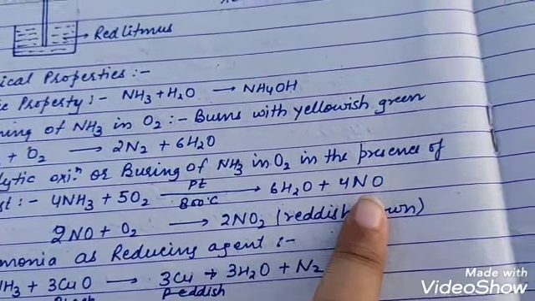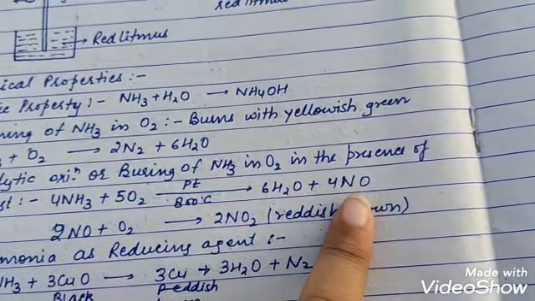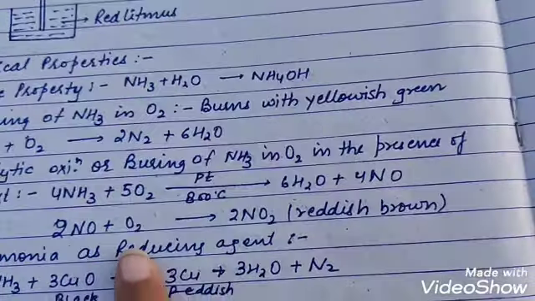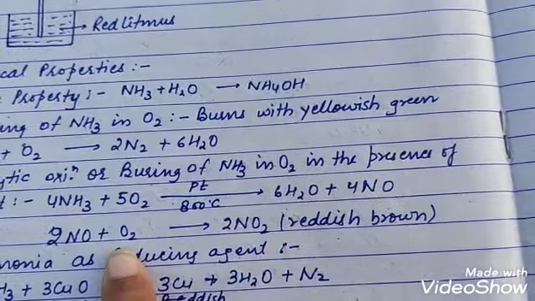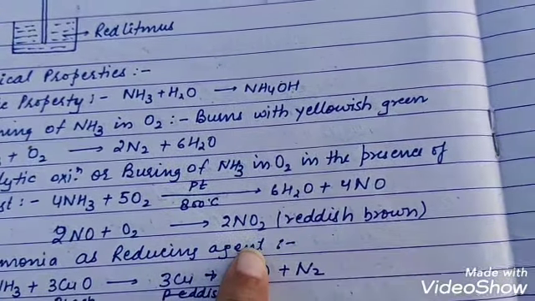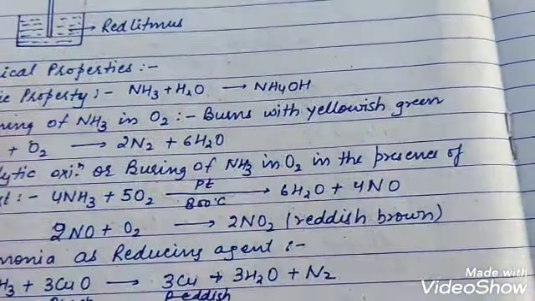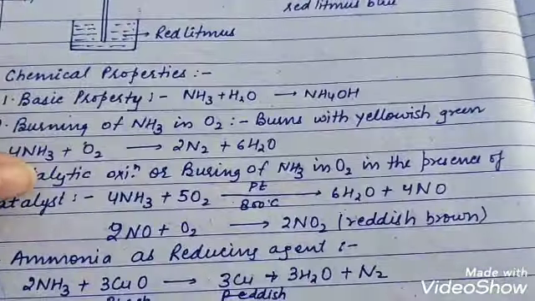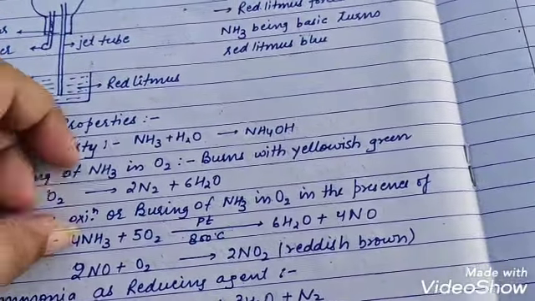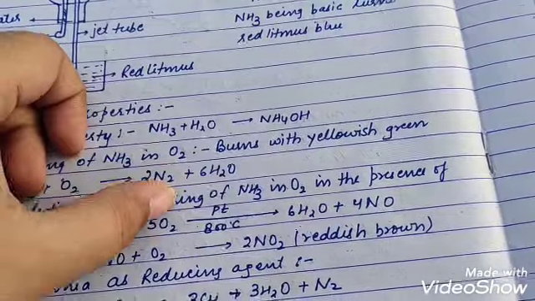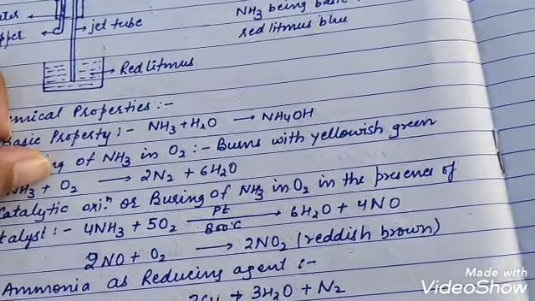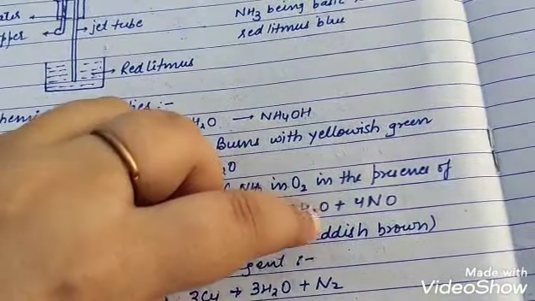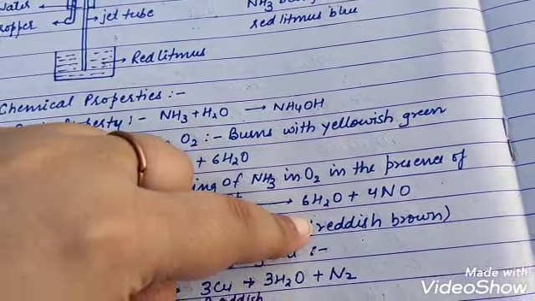NO is not a very stable compound, and since more oxygen is present, it combines with oxygen immediately, forming nitrogen dioxide, which is a reddish brown gas. So what is the observation when ammonia reacts with oxygen in the presence of a catalyst, that is, during catalytic oxidation of ammonia?